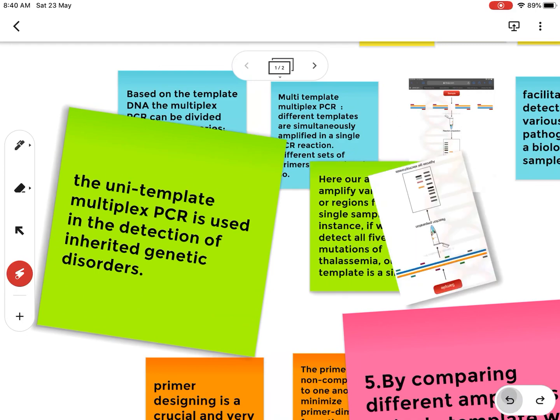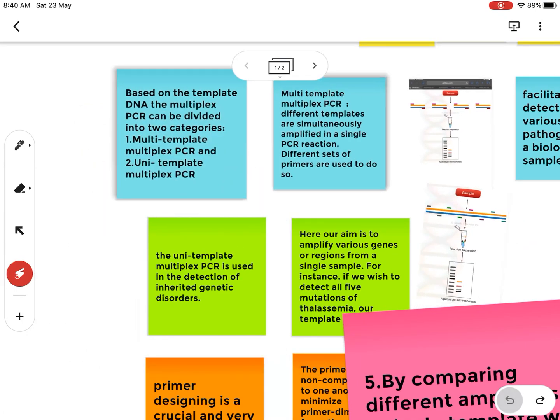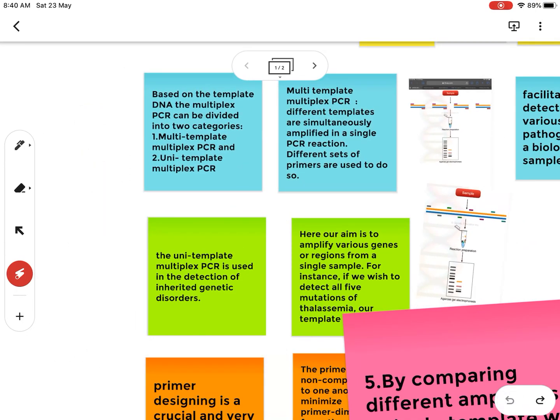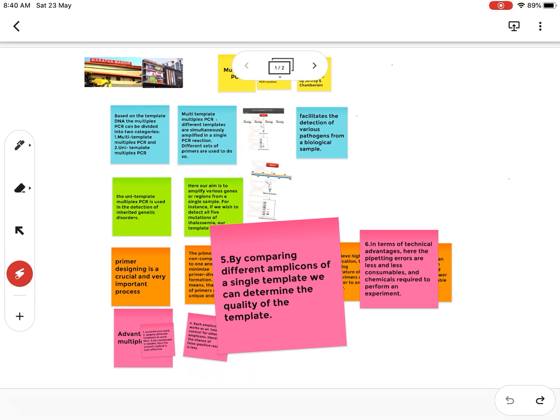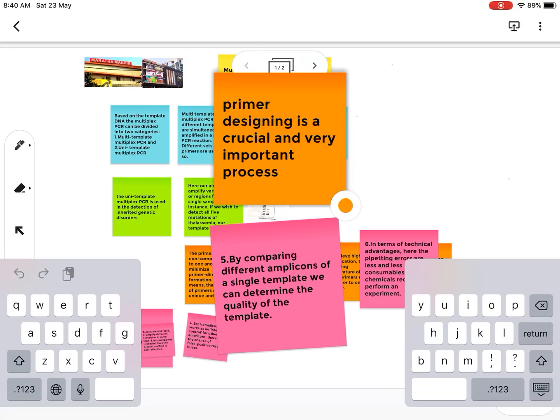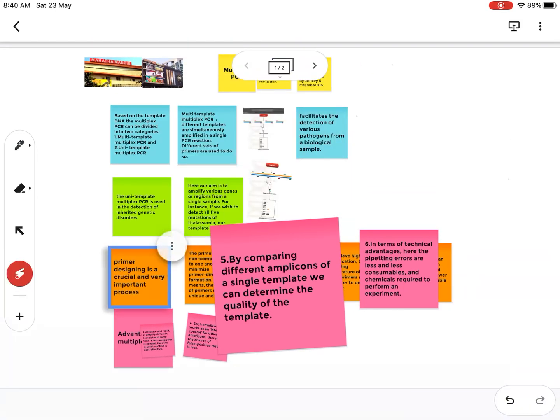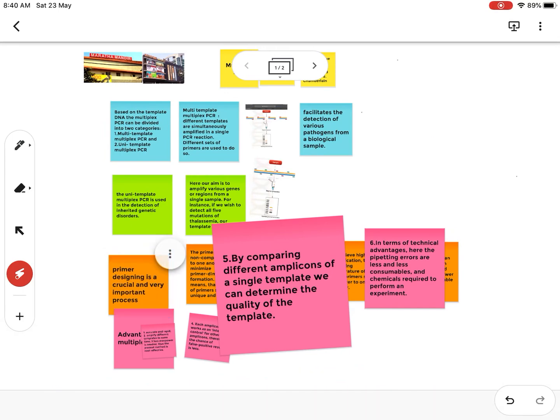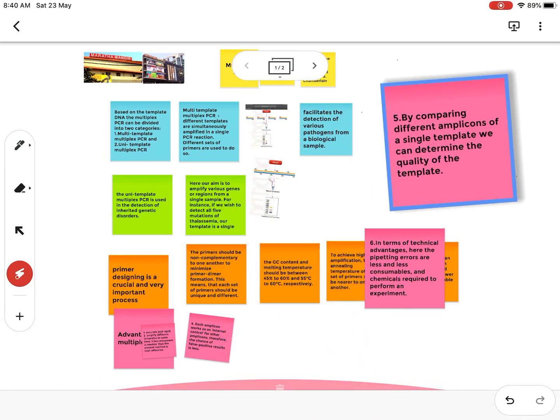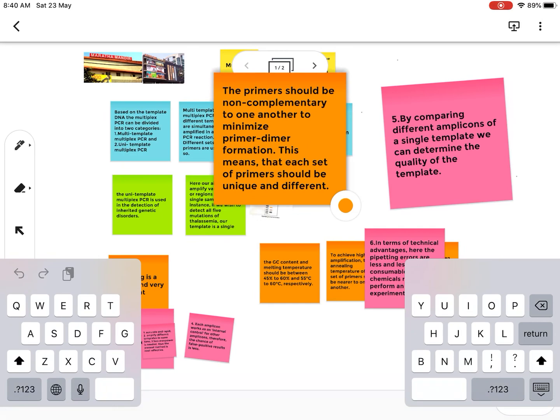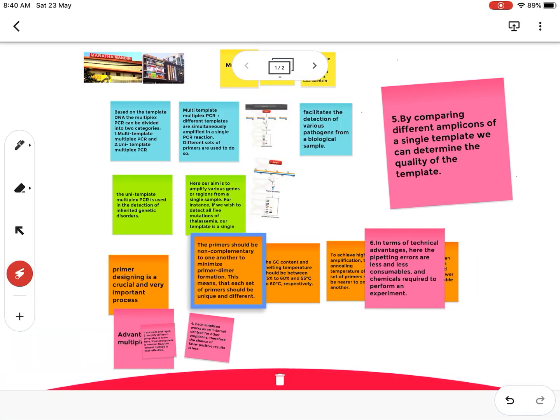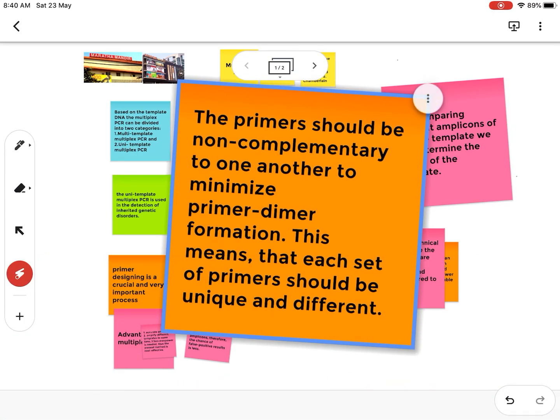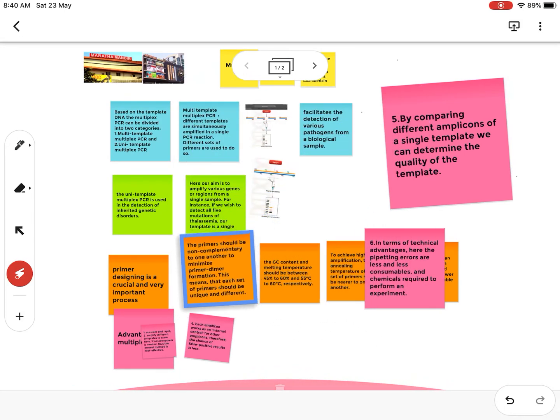And then there are certain conditions related to the primer. So primer designing is one of the important aspects or criteria in case of the multiplex PCR. It is very crucial because since we are using more than one set of primers, there are chances that these primers may be complementary to each other and they may form the primer dimer, and the formation of primer dimer is undesirable.